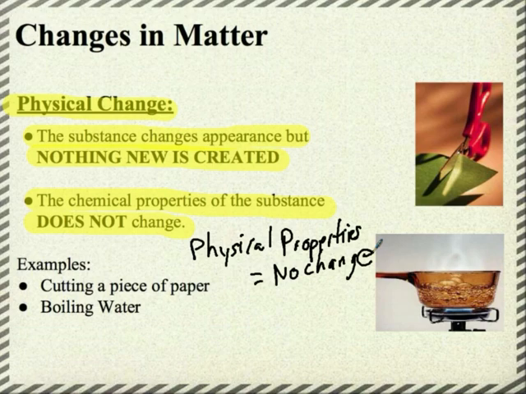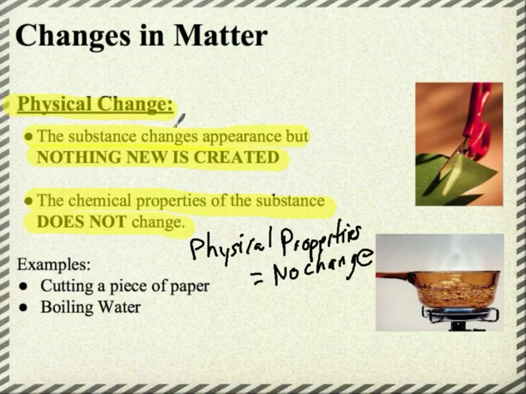But again, some of the physical properties will change, like if I cut a piece of paper, the size of it changes. The weight is going to change a little bit, just because now I'm dealing with a smaller one. But in reality, the melting point still doesn't change, the boiling point of the object doesn't change, because it's still the same object. Like I said, it's only changed in appearance.